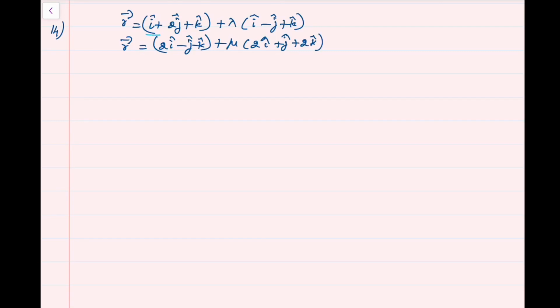From these equations, we get the point vectors, vector a1 from the first line and vector a2 from the second line. Similarly, we get vector b1 from the first line and vector b2 from the second line.